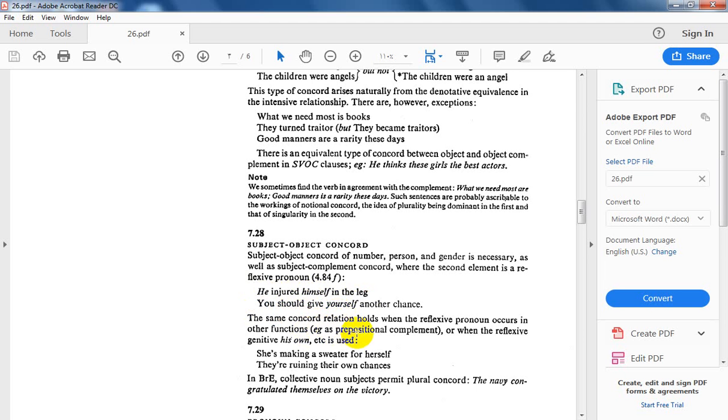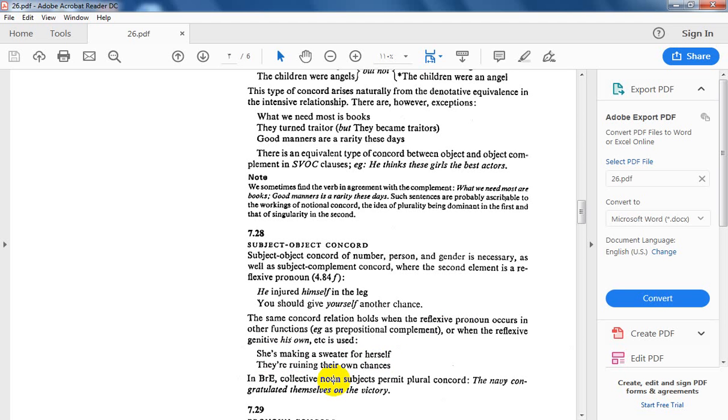The same concord relation holds when the reflexive pronoun occurs in other functions, such as a prepositional element, or with the reflexive genitive his own. She is making a sweater for herself. Here I have concord between the subject she and the prepositional complement herself.